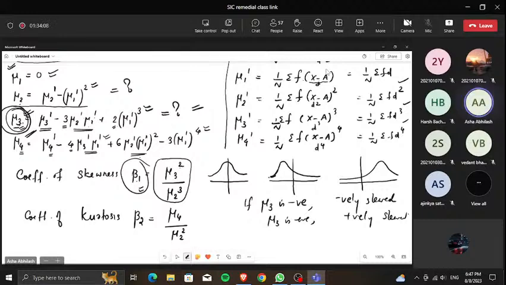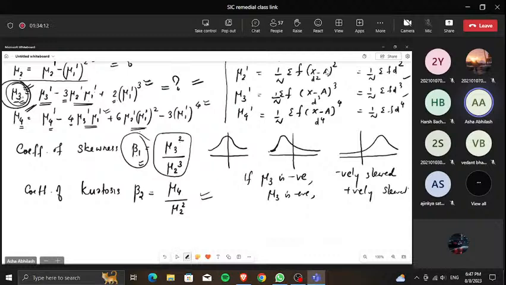Now here you can find the value of beta 2. Here also we have to check one particular condition, which is 3. If beta 2 is equal to 3, then it is the normal curve. If beta 2 is less than 3, then the distribution is platykurtic.